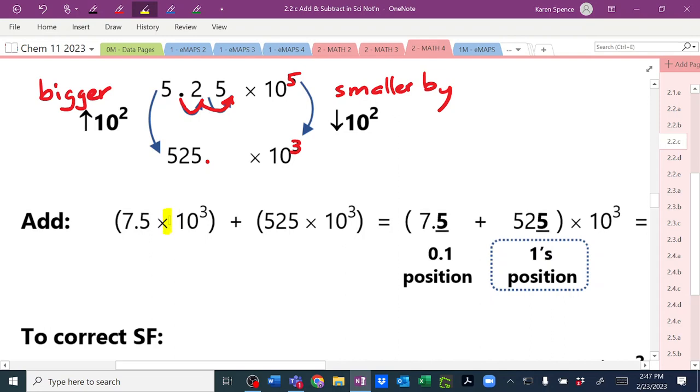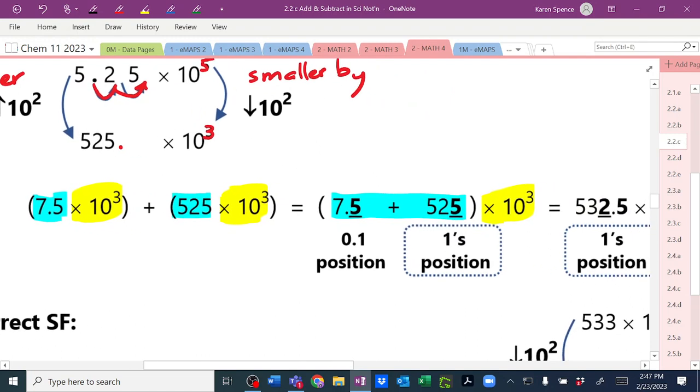Now we have the exponent times 10 to the 3. So we'll factor that out. We have 7.5 plus 525. Our uncertain digit is in the tenths and in the ones.